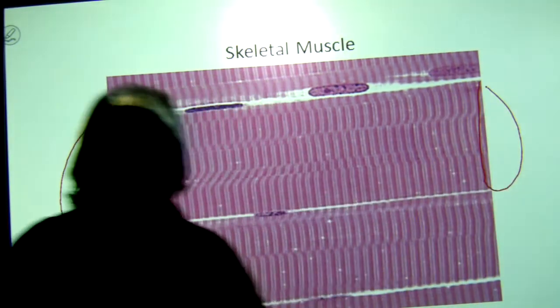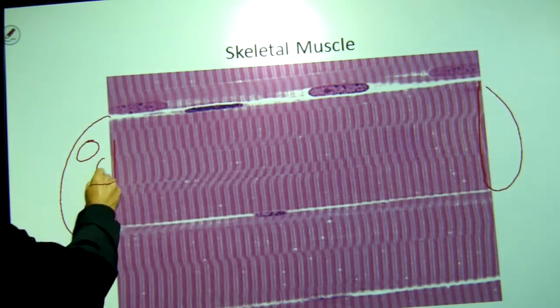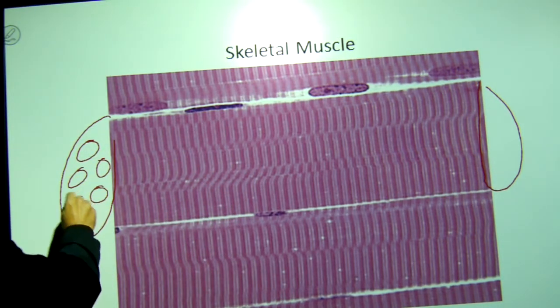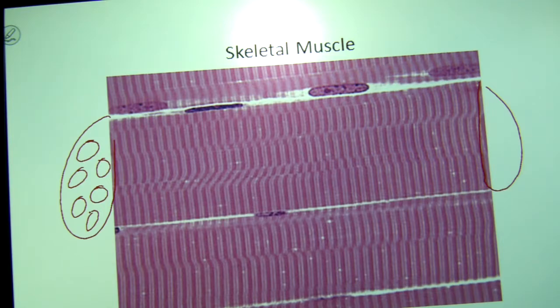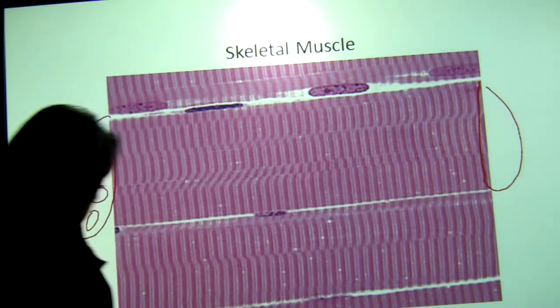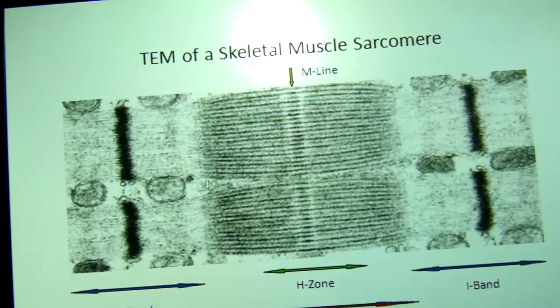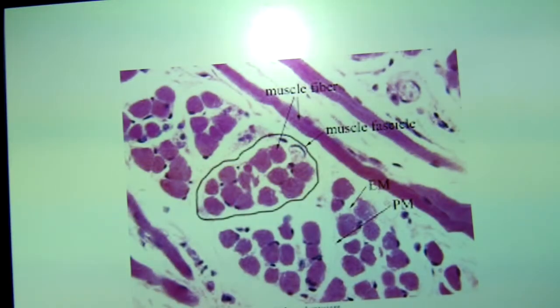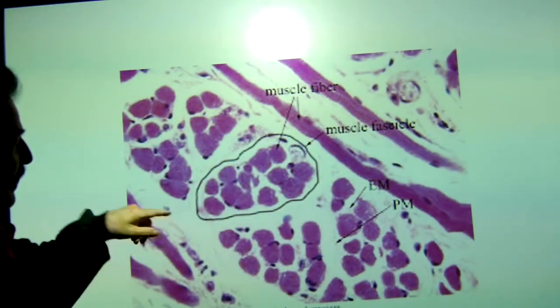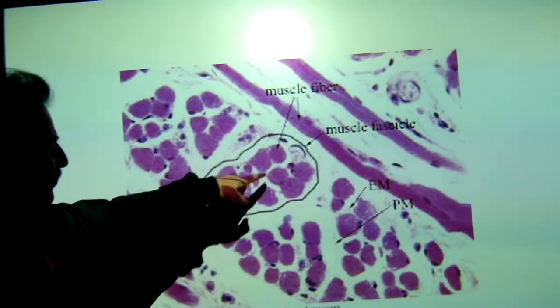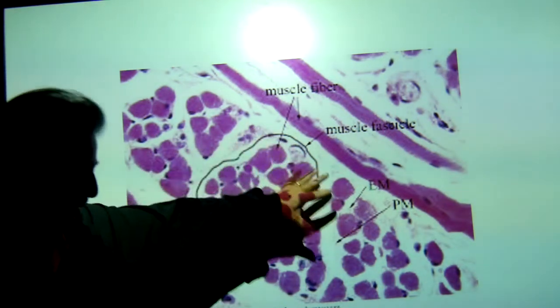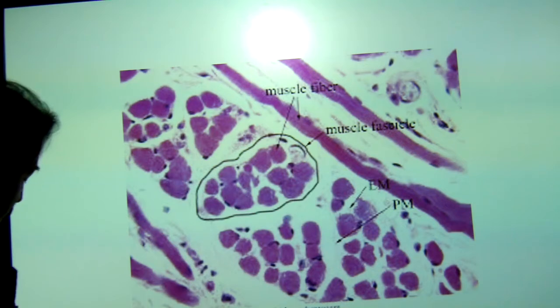And as a result, you have a lot of other bundle fibers right here. And those bundle fibers, this is what they did. They cut this, and now we're looking at these muscle fibers right here. So this is still skeletal muscle.